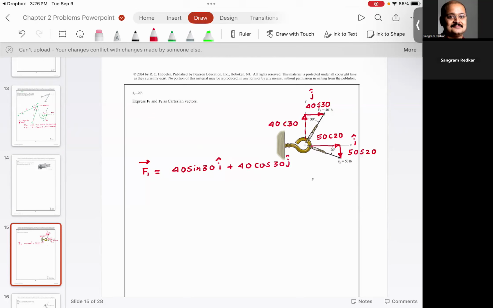Are you with me? Because now you have the magnitude of the vector, 40 sine 30, and i hat indicates the unit vector in the direction of x. 40 cosine 30 is the magnitude of the vector and j indicates the unit vector in y direction.